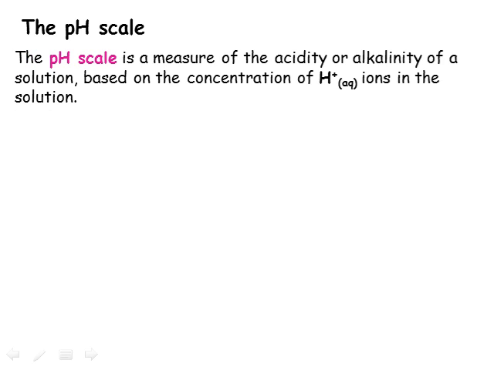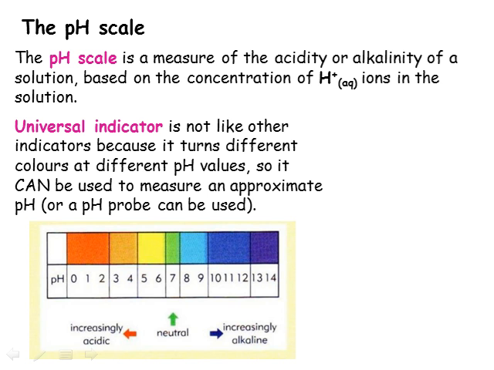If we want to measure how acidic or alkaline a solution is, we make use of the pH scale. This is based on the concentration of H+ ions in the solution, although the numbers get smaller the more acidic the solution is. The pH of an acid can range from 0 up to nearly 7. A pH of 7 is neutral, and then the alkaline solutions range from pH greater than 7 up to 14.